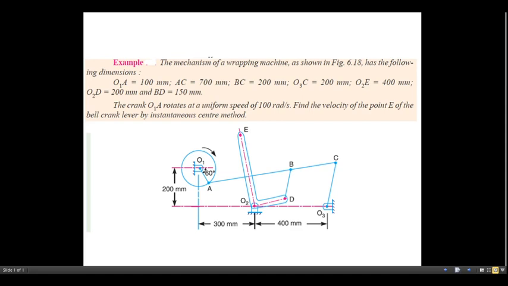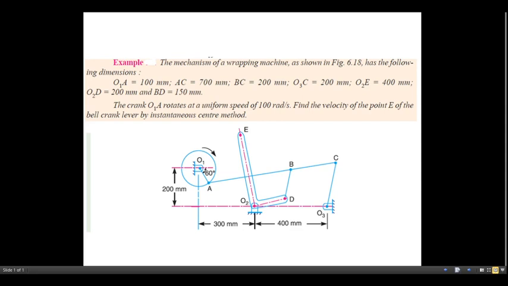For that, I'll take a suitable scale: 100 mm equals 10 mm. This is the scale. You should write it here, but because the instance centers will occur here, I'm writing the scale on the top side of this diagram.